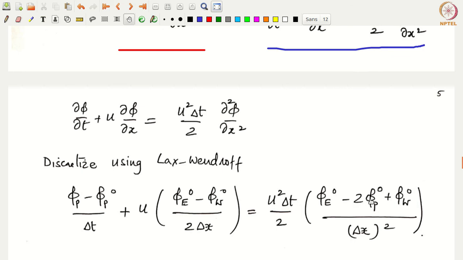That will give rise to minus 2 phi P and all other terms. When you divide with delta x, there is already a delta x here, and this becomes delta x square. And there is a delta t that comes up in the numerator as well. This is coming because of the extra term we started off with. So this is the discretization for the Lax-Wendroff method.